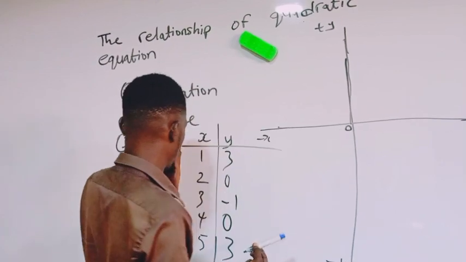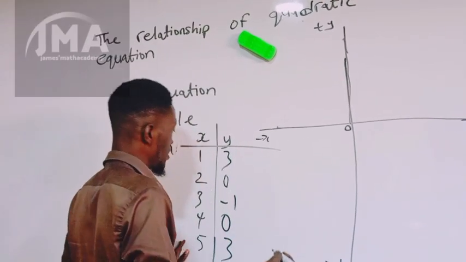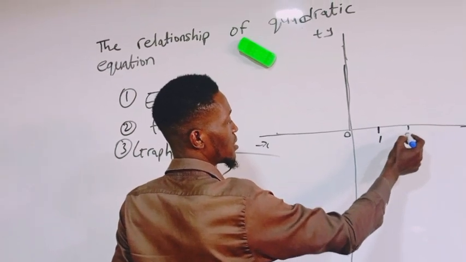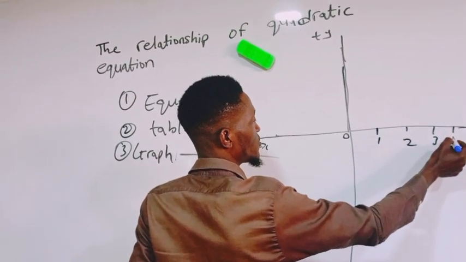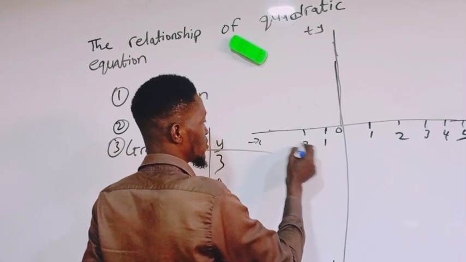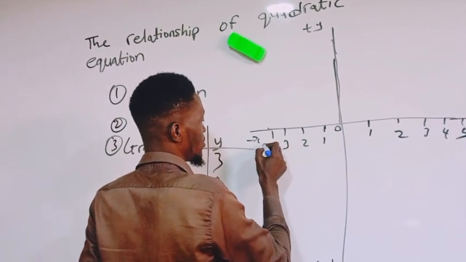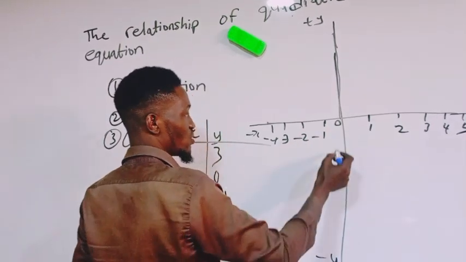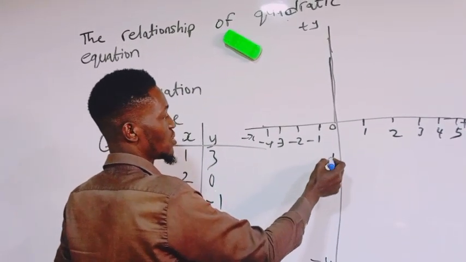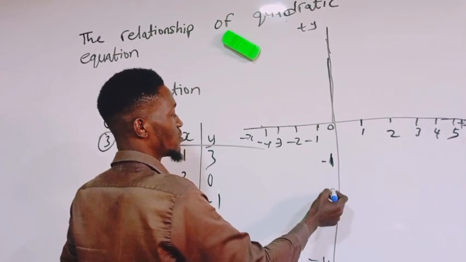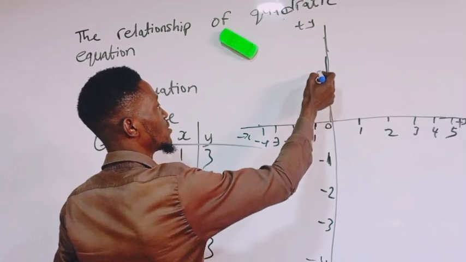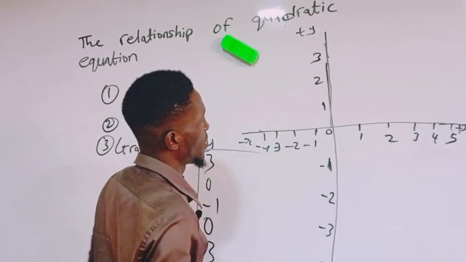Let's say the highest on the x axis is 5, so let's put the scale 1, 2, 3, 4, and 5, and the same on the negative side. The highest y value is 3, so let's put 1, 2, 3 on the positive side, and minus 1, minus 2, minus 3 on the negative side.